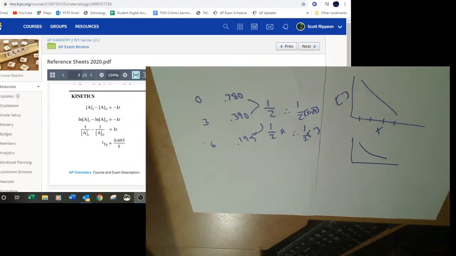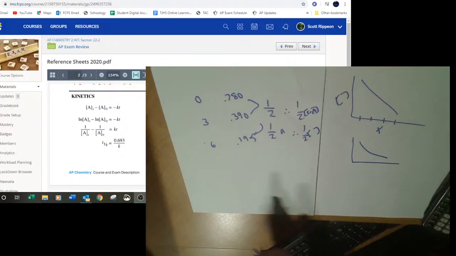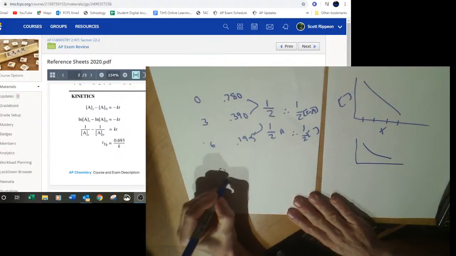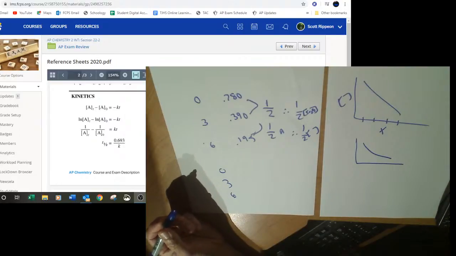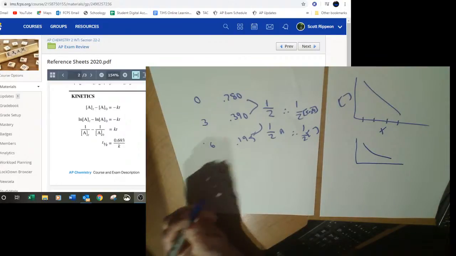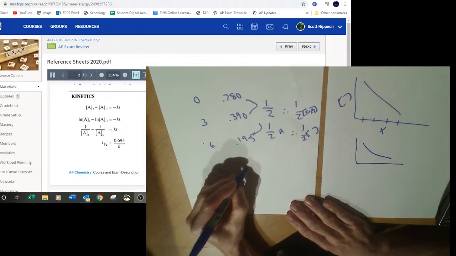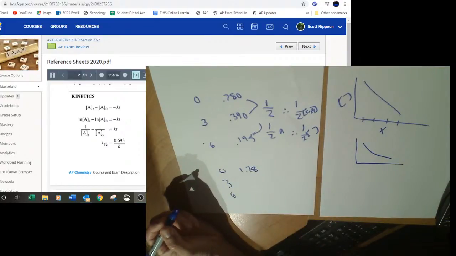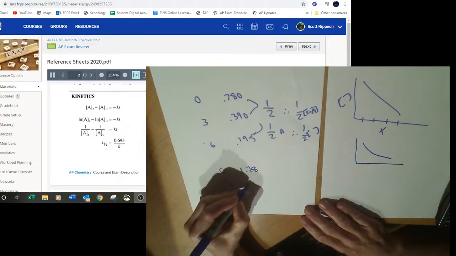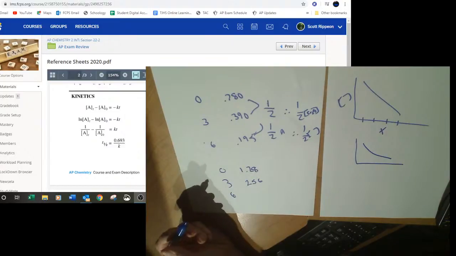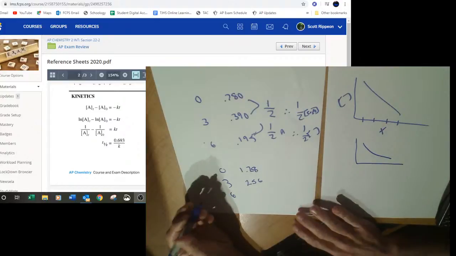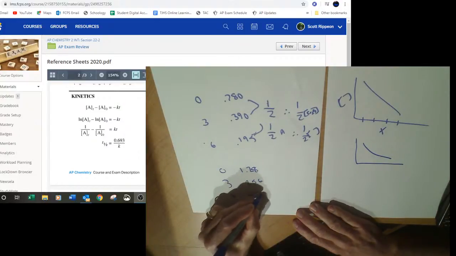But if we do 1 over each of these, and even just stay with the 3 that we're working with, which we can do on a 4-function calculator, we get 1.28, we get 2.56, and we get 5.12.